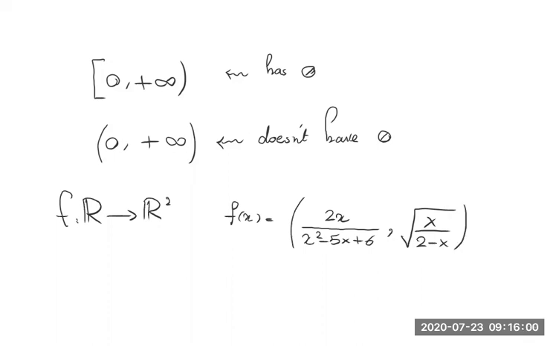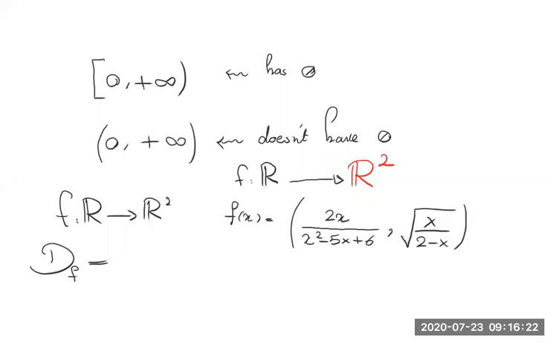It's a function which takes a number, but its value has two components. This is the first component, this is the second component. So it's a function with values in R2. We want to find the domain of f. What is the domain of f?